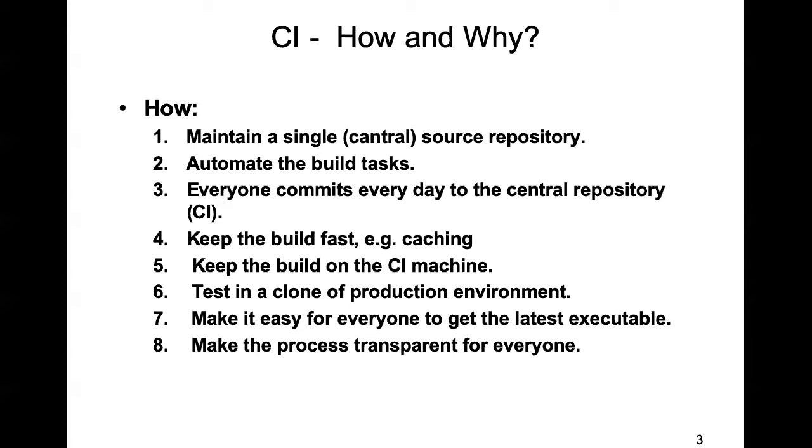One example of that is by caching. You know, it wouldn't make sense to reinstall all the NPM dependencies every time you had to do a build. It wouldn't make sense to do that if the package.json hasn't changed from one commit to the next. And so we can maybe do some caching of all of the NPM modules between builds. That's one example of improving the speed of the build process itself.